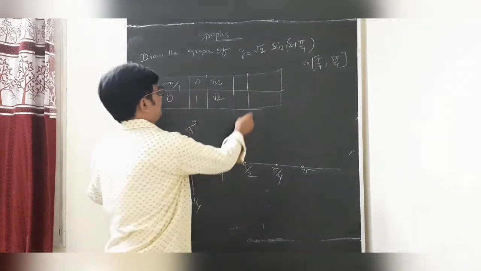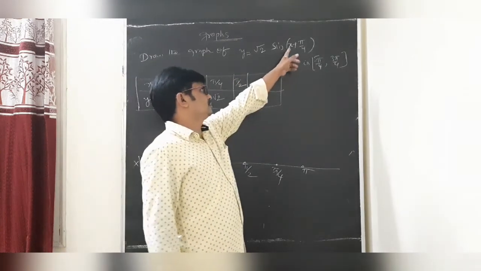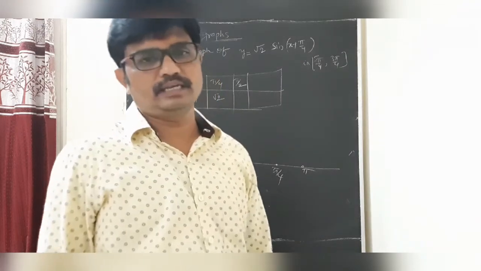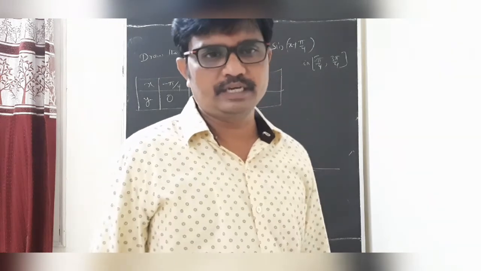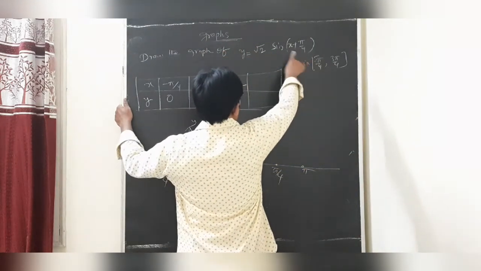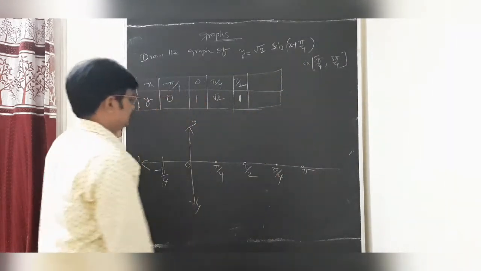After that, students, pi by 2. You can observe sin of 90 plus theta lies in the second quadrant, where sin is positive. Sin of 90 plus theta is cos theta. Cos 45 is 1 by root 2, cancel, 1. Okay students.